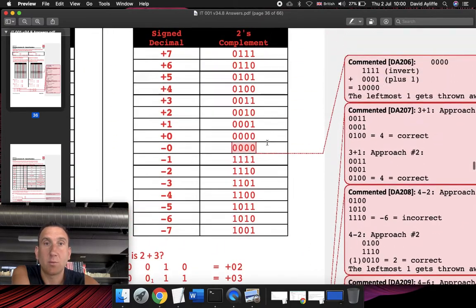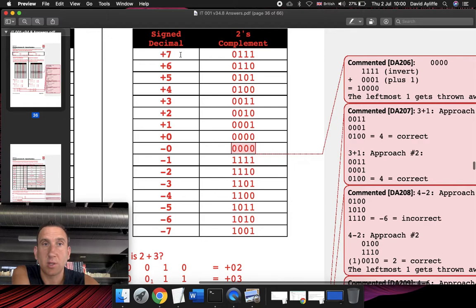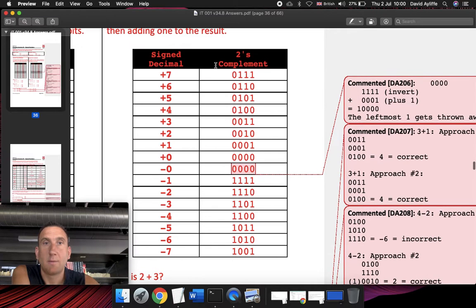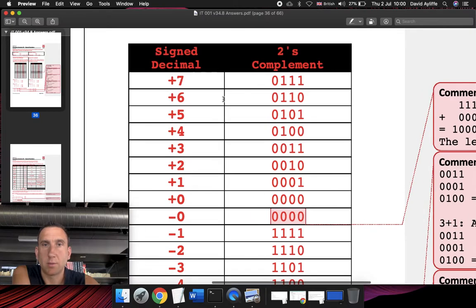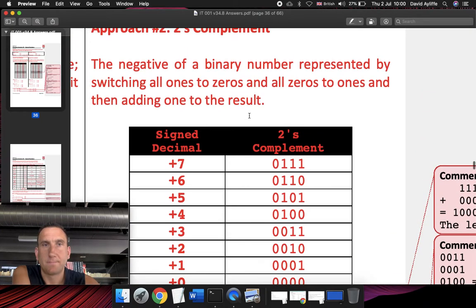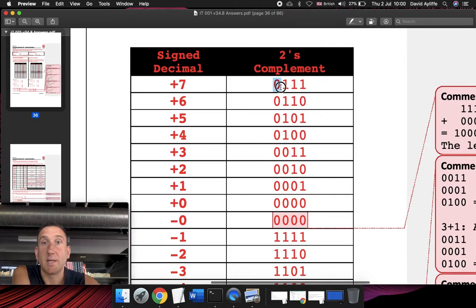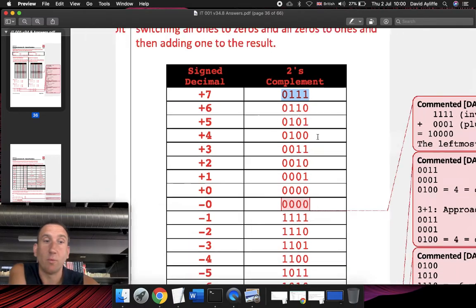If we think about what 10 looks like in 2's complement, then we need more than 4 bits.